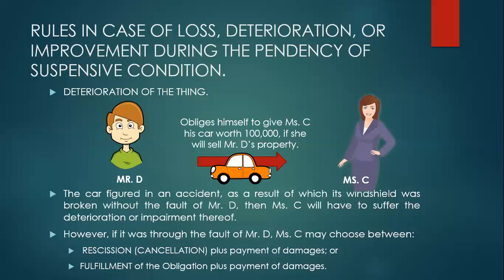Now, if Miss C will not cancel the obligation and chooses fulfillment of the obligation plus payment of damages, then Mr. D is bound to Miss C to give the car and pay the 10,000 pesos actual damages plus incidental damages, if any.